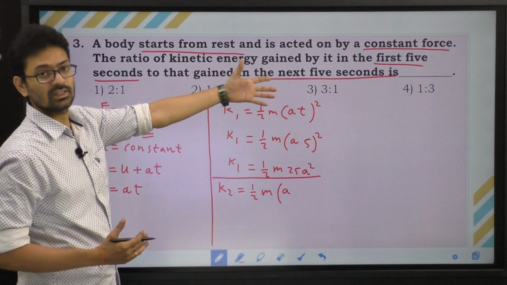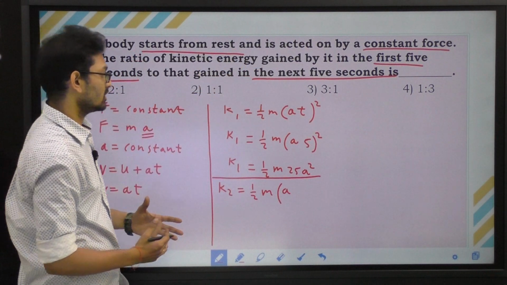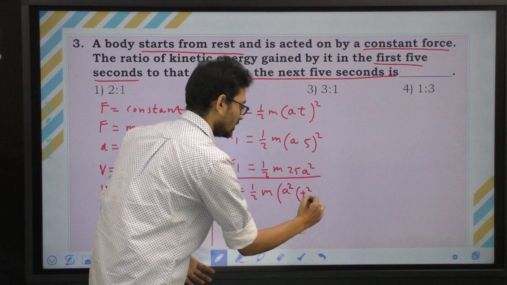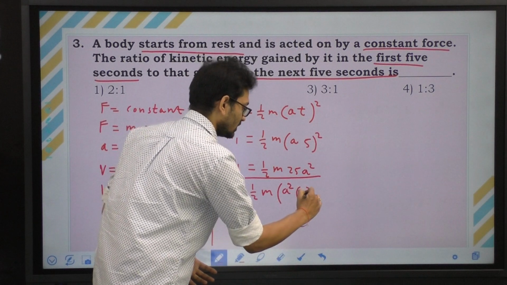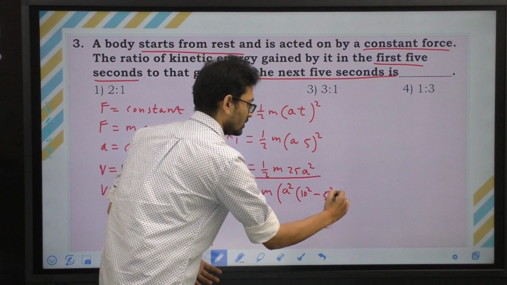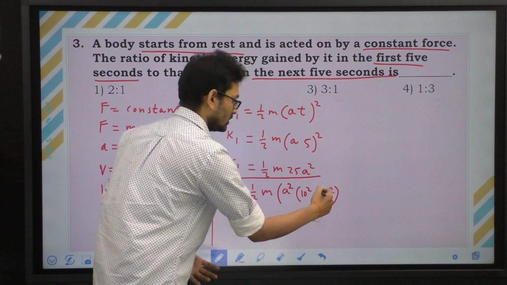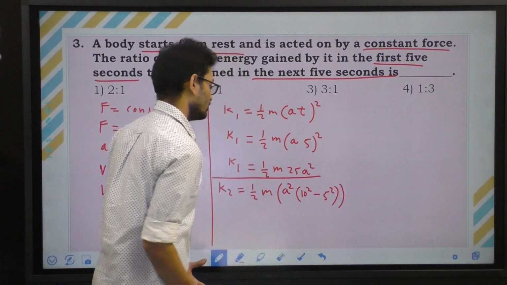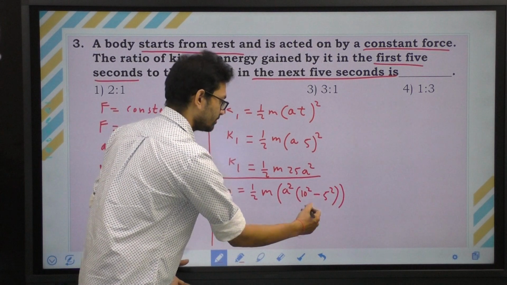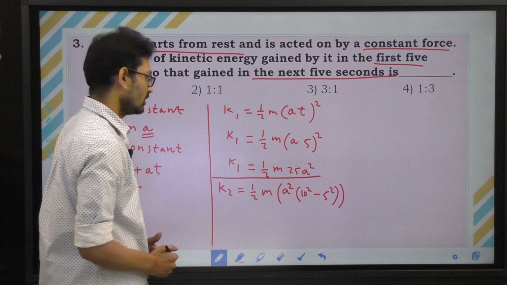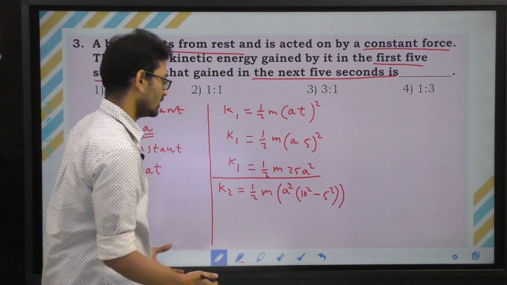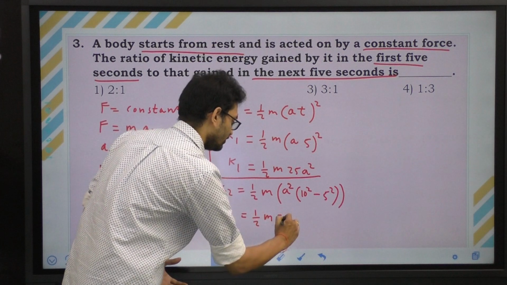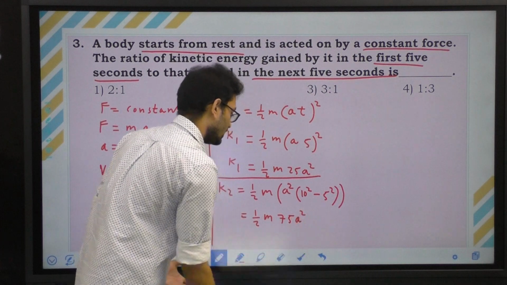That means your next 5 seconds, so you have 10 squared minus 5 squared, that is T2 squared minus T1 squared. You get the change over there. 10 squared is 100, 5 squared is 25, so 100 minus 25 is 75. So you will be left with half m times 75 A squared.